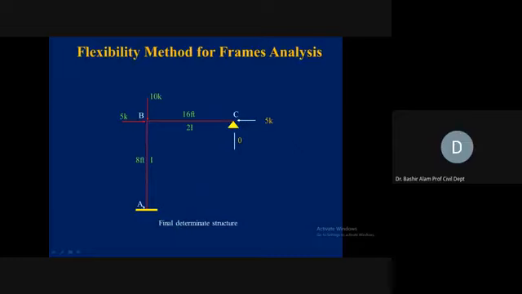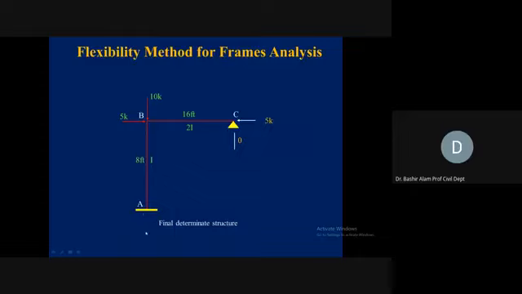Now the rest of the values you can get very quickly if you use the equilibrium approach. 10 kip and this is 0. So it means the vertical reaction at A will be 10 kip in the upward direction. 5 kip is already getting balanced by this 5 kip, so the horizontal reaction here will be equal to 0.